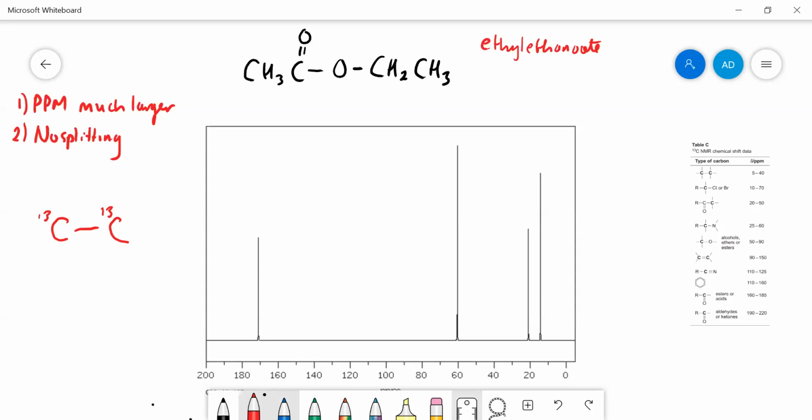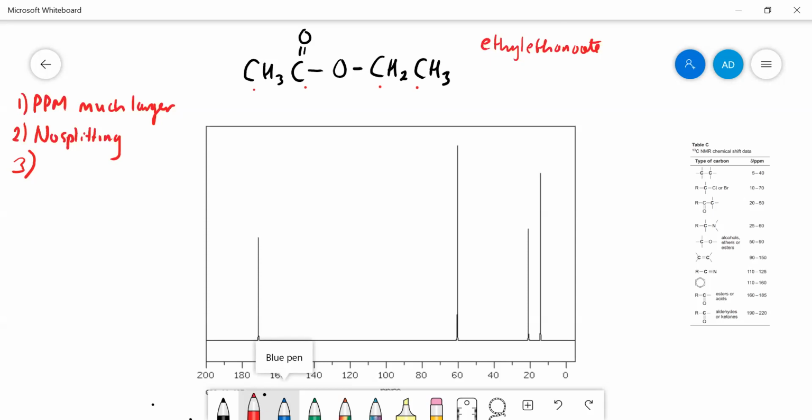The third thing, which isn't immediately obvious, is that you have 4 carbon atoms, 1, 2, 3, 4. You've got 4 different carbon environments, and we've got 4 peaks. That's good, but then the heights of those peaks should be exactly the same because they're in equal abundance.